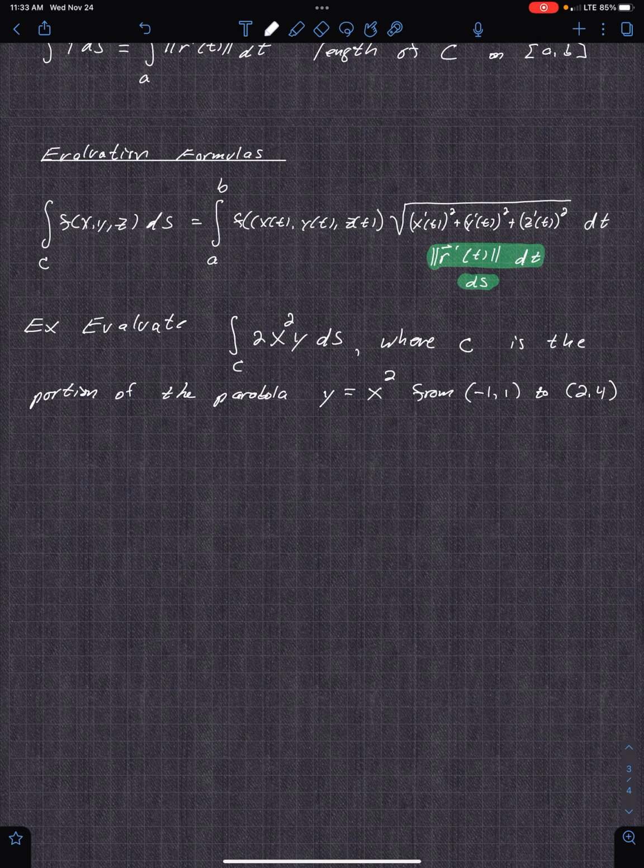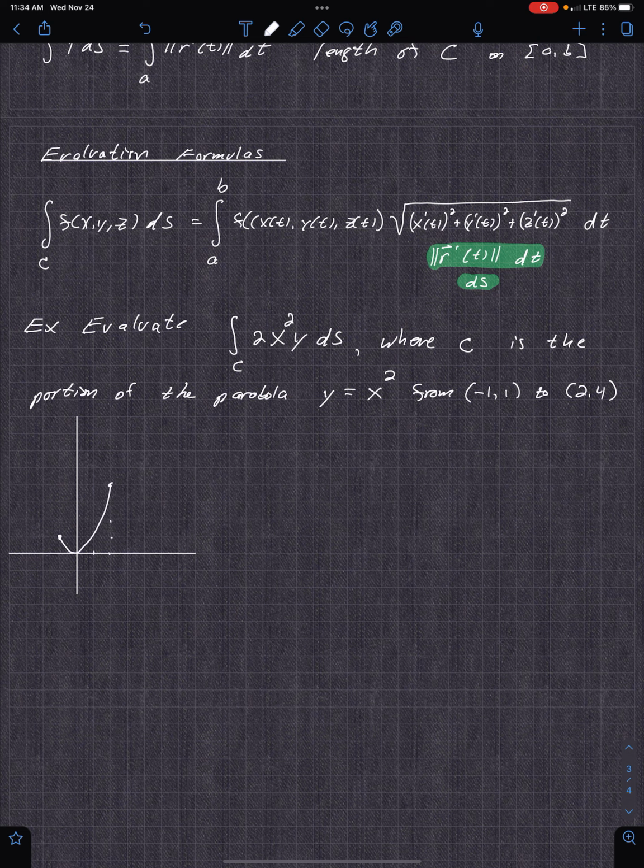So let's go ahead and draw in our parabola. If they give you a parabola or something you can draw, you always want to sketch it. Our parabola is going from (-1, 1) to (2, 4), which makes sense. So 1, 2, 1, 2, 3, 4. So it's this little piece of the parabola here.